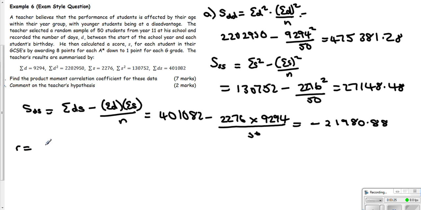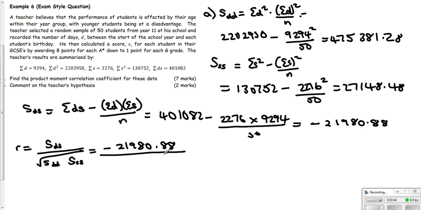So to work out R on the top, I'd have SDS divided by square root of SDD times SS. So on the top, minus 21980.88 divided by, this is going to be long, isn't it?